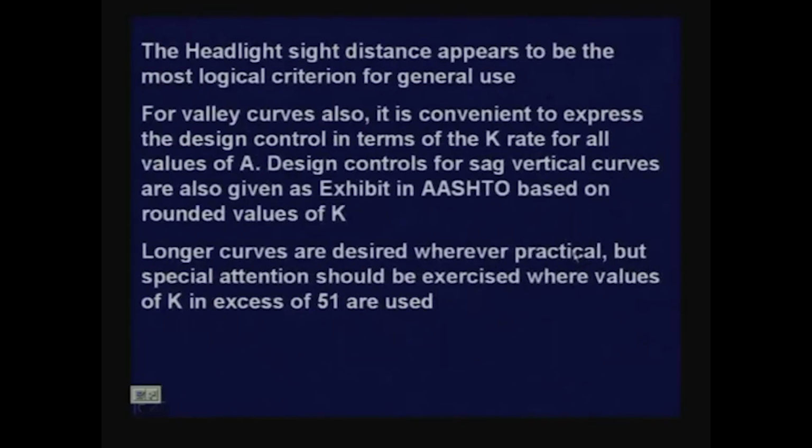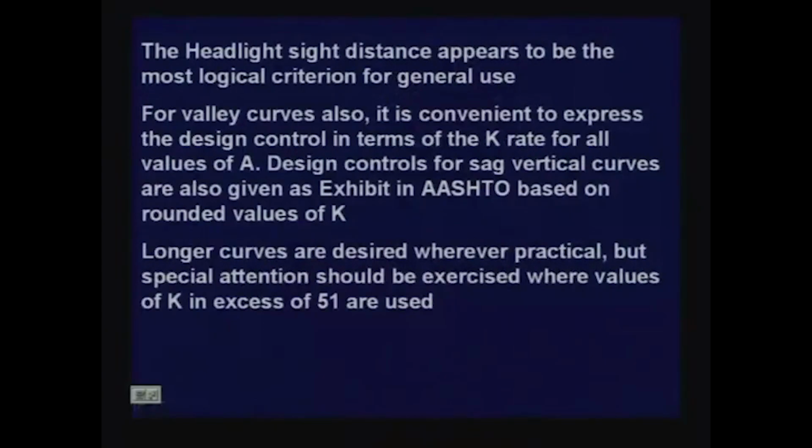It is normally found that the headlight sight distance appears to be the most logical criterion for general use. Of course, for valley curves also it is convenient to express the design controls in terms of K, as we have discussed in detail for the summit curve.